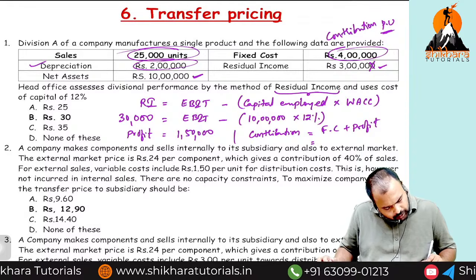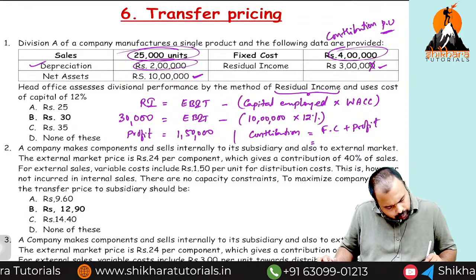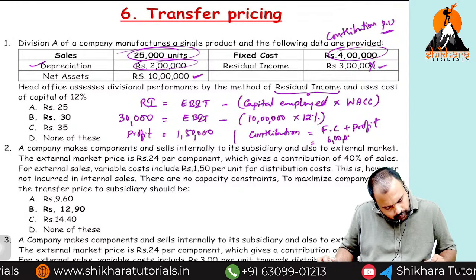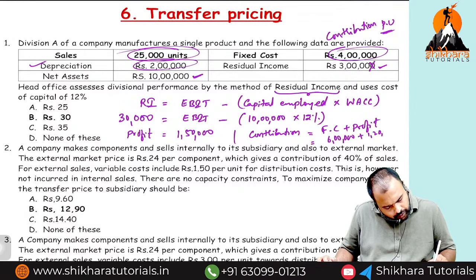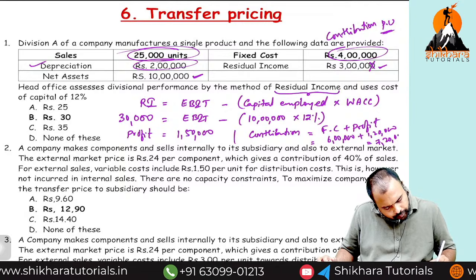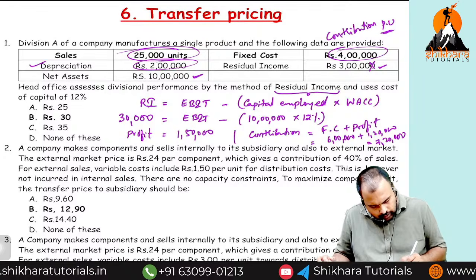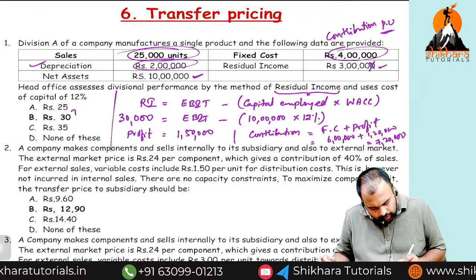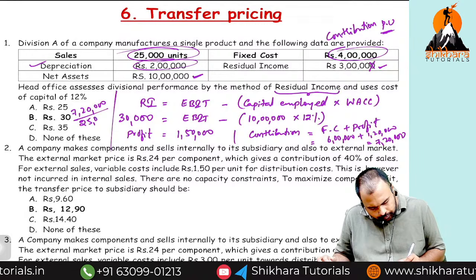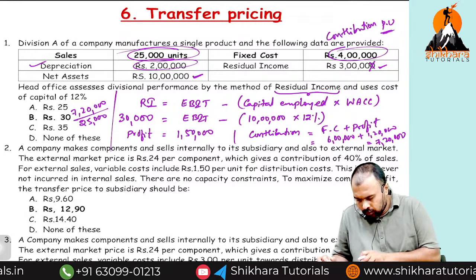So now fixed cost is 6 lakhs plus profit is 1,20,000, where the total contribution is 7,20,000. Then the answer is 7,20,000 divided by 25,000. Got it?